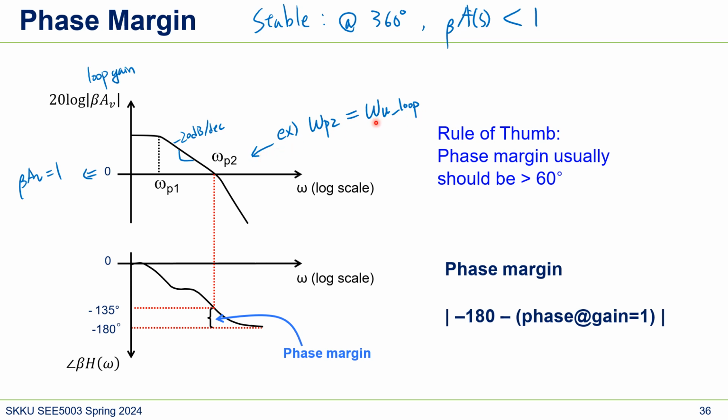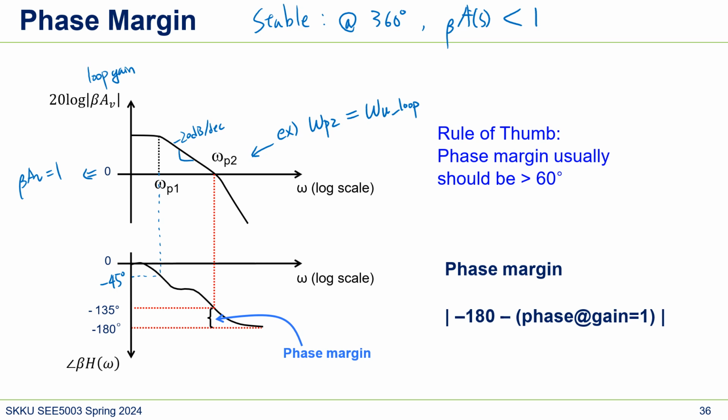If this is the case, then the phase at this point is 135 degrees, because at pole 1 it is minus 45 degrees, since a pole makes the phase lag, and then at pole 2 it is minus 135 degrees.